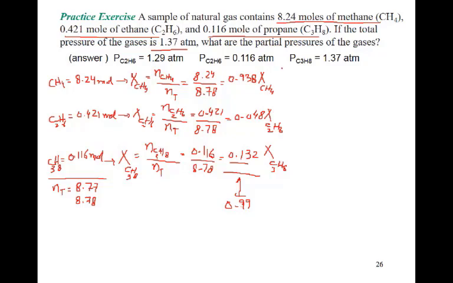Okay, the next step is we change this mole fraction into partial pressure. So the partial pressure of methane CH4 is equal to total pressure multiplied by the mole fraction of methane CH4.